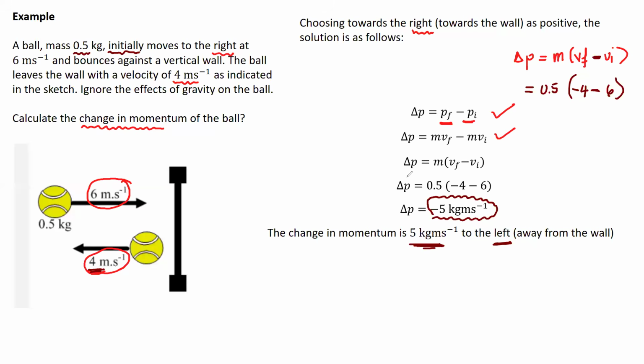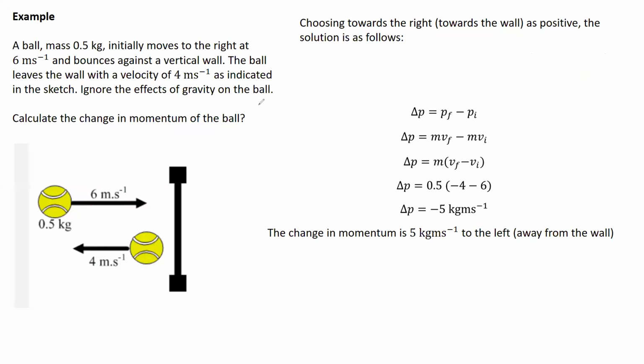So you can choose and say right is positive. You can say left is positive. As long as you are consistent, your answers will remain the same. So just to reiterate this question, it moves to the right. We chose right as positive. That's why the velocity is positive 6 meters per second. But after the collision, it moves to the left.